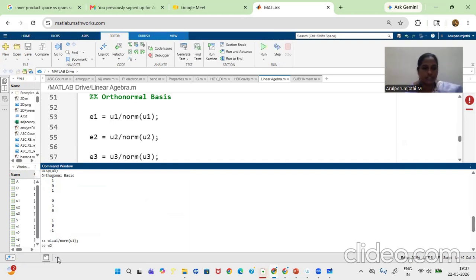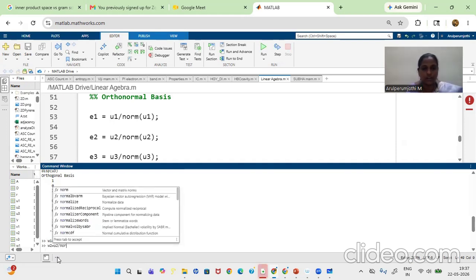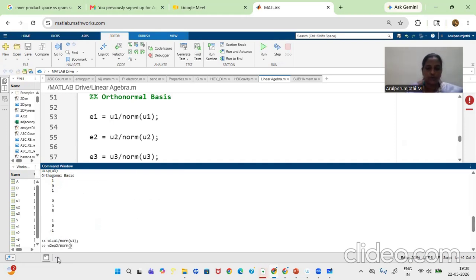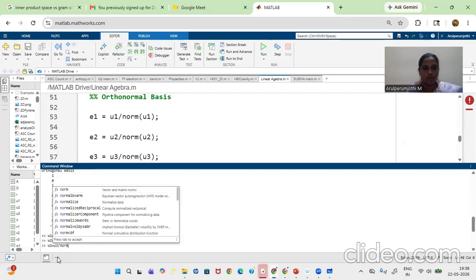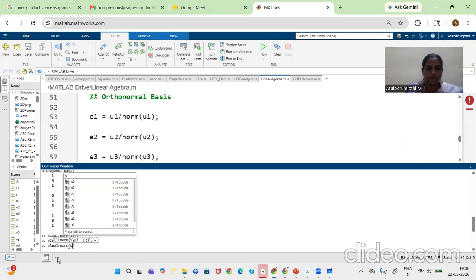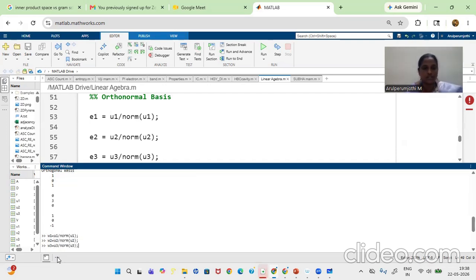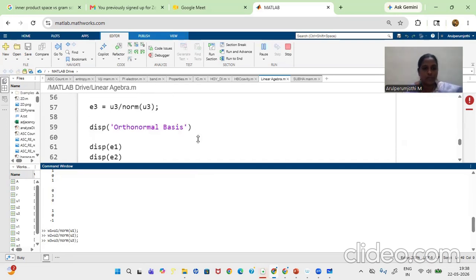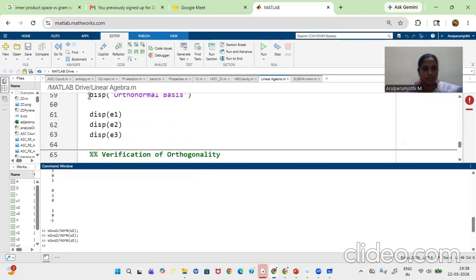W2 is equal to U2 divided by the norm of U2. Put a semicolon, and then W3 is equal to U3 divided by the norm of U3. Okay. So display orthonormal basis.